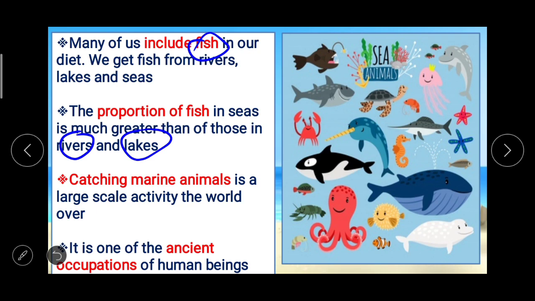Catching marine animals is a large scale activity the world over. It is one of the ancient occupations of human beings. You already studied this in the 5th standard EVS about the ancient occupations of human beings, and in that we also studied that human culture flourished on or near the river banks, and that is why fishing is one of the ancient occupations of human beings.